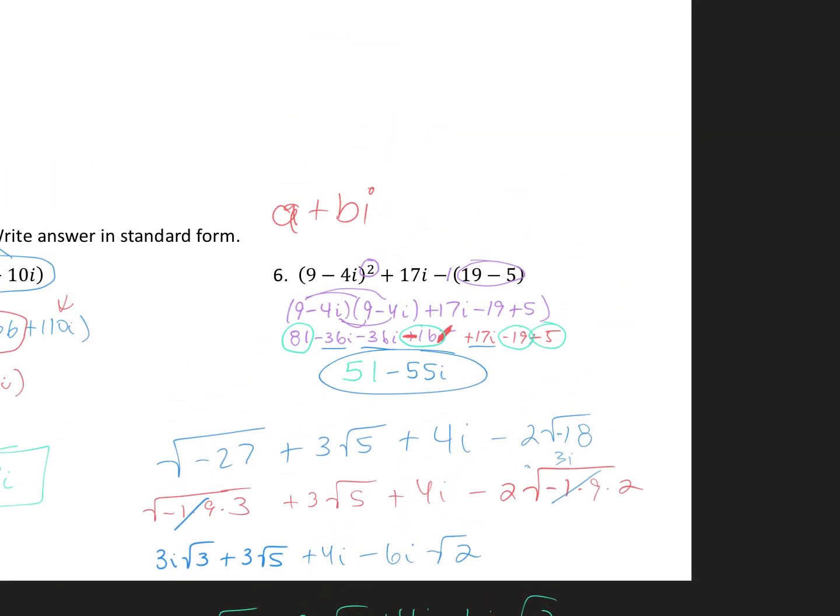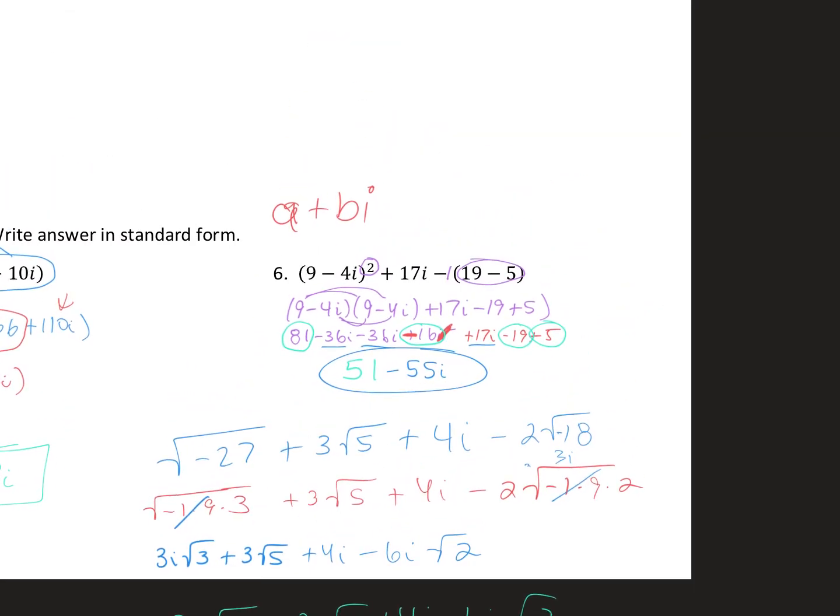For the one before, the parentheses, like the 9 minus 4, if you simplified that first, and then simplified it with the rest, would that work?